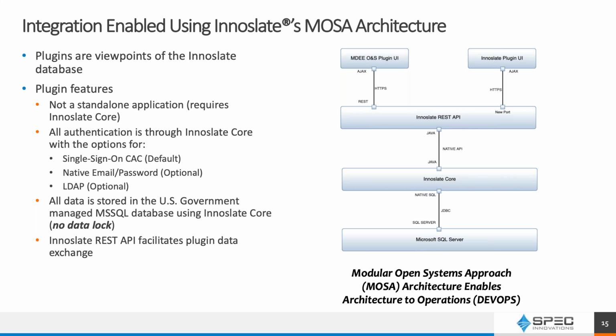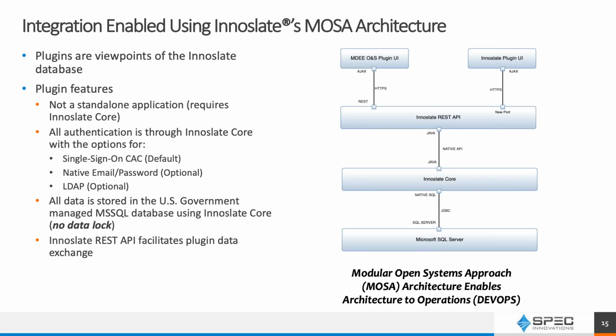MS SQL is Microsoft SQL, so it doesn't completely lock up your data, and it will only show when you log in with either your CAC or native email password, or if you have LDAP enabled.